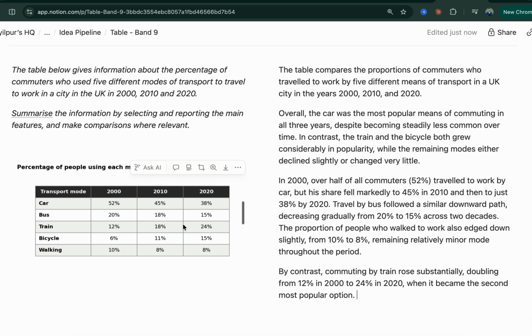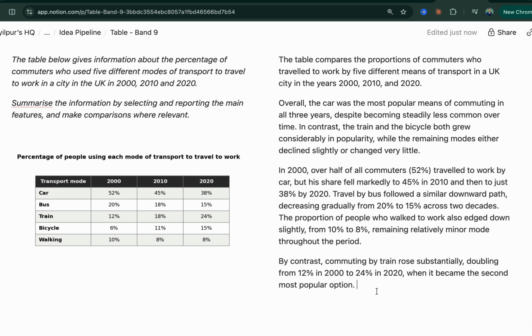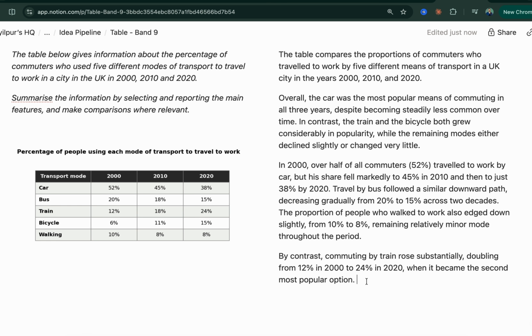Yes, of course it is true, because we know that in 2020 the most preferred one was car, 38%, but train became the second, which is a massive step. And it is worth mentioning these changes, like which became the first one, which became the second most preferred option or popular option. These are going to help you score higher and higher, because you are actually meeting the task requirement by making these relevant comparisons.